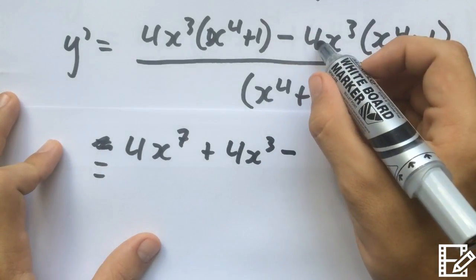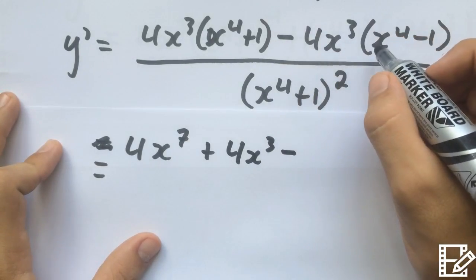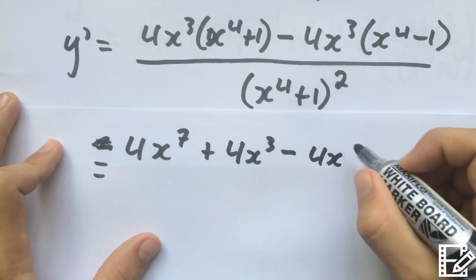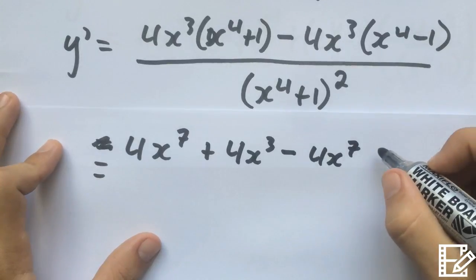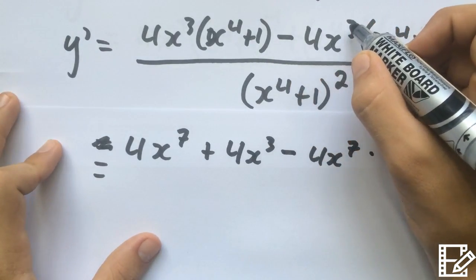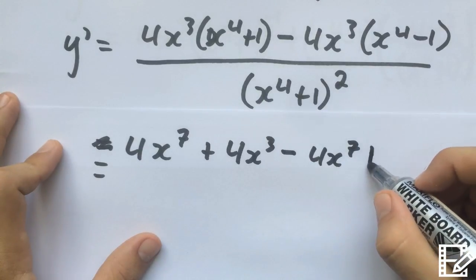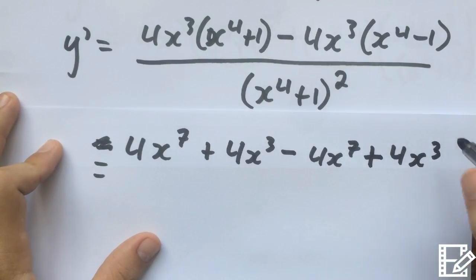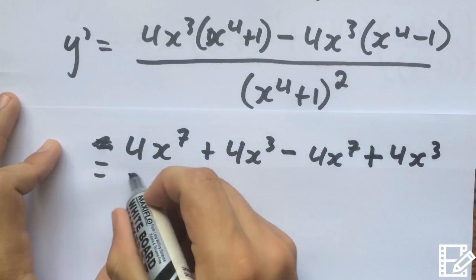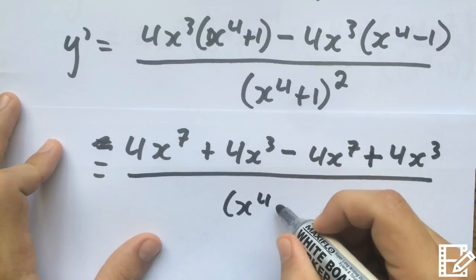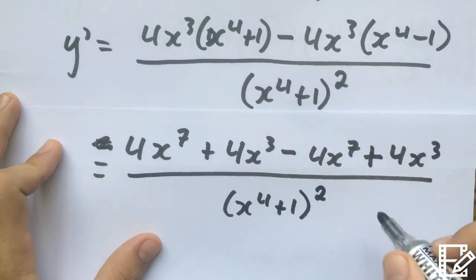Subtract 4x to the power of 3 multiplied by x to the power of 4, same as here, 4x to the power of 7, and negative 4x to the power of 3 multiplied by negative 1 is plus 4x to the power of 3. All over this x to the power of 4 plus 1 to the power of 2.